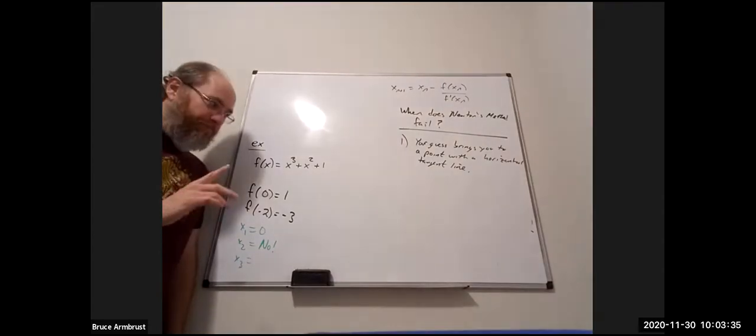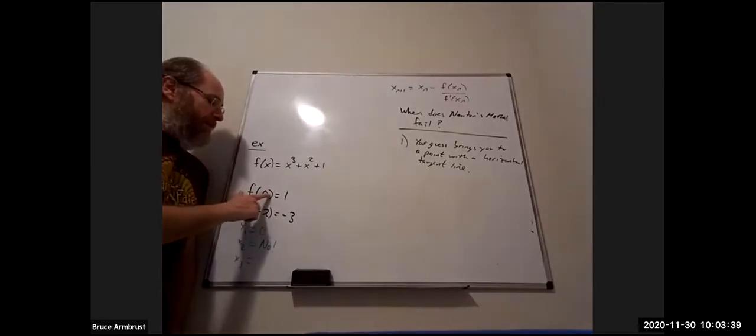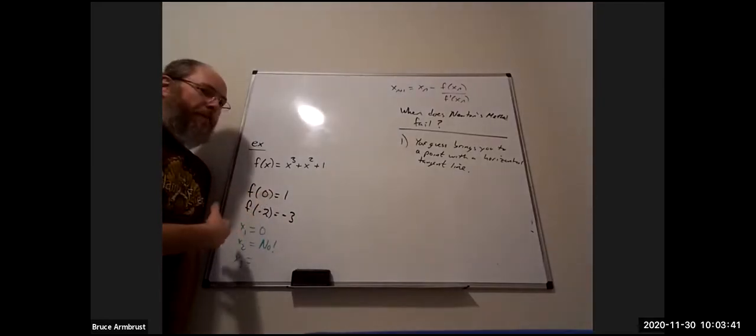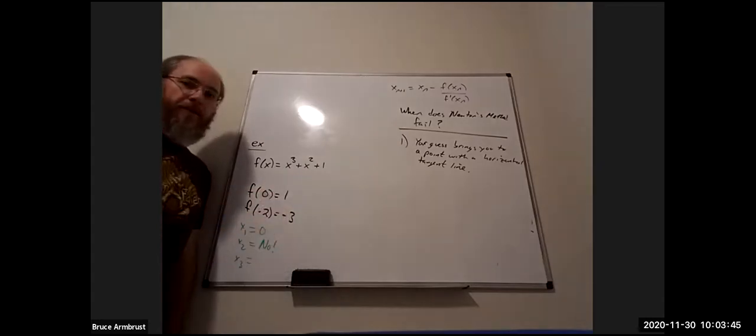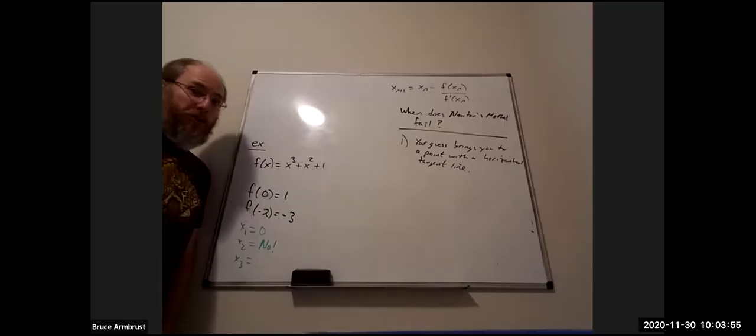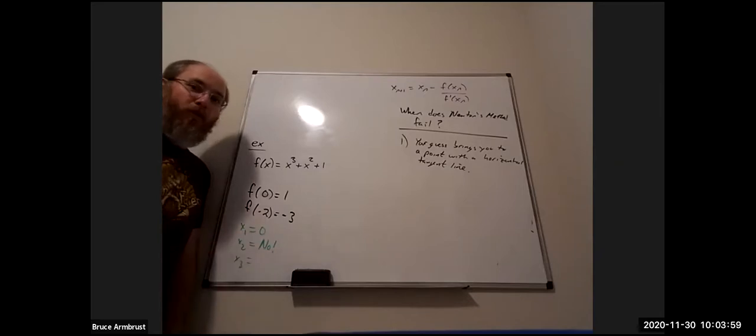Now, what would we do? Obviously, plugging in 0 is a problem. Could we still apply Newton's method to this to find that 0? Yeah, just use a new initial number. It's that easy. Just choose something else. So instead of 0, how about we try plugging in -1?